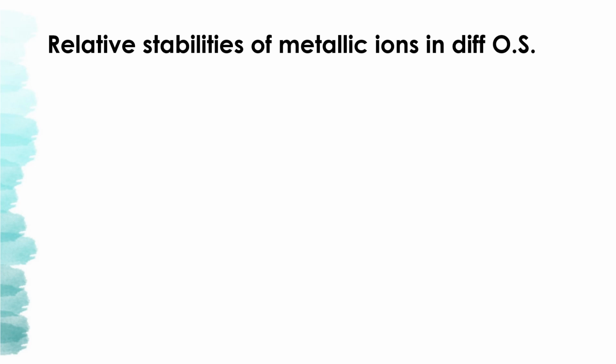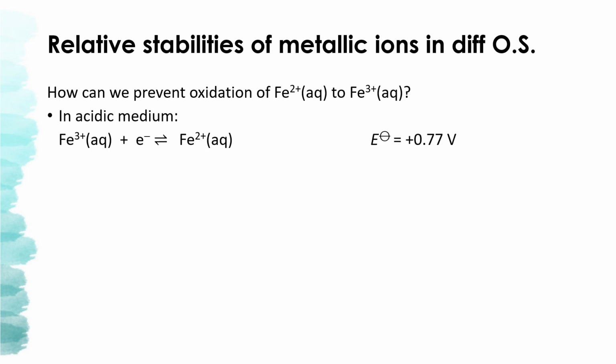We can also make use of the E values to help us prepare ions in water and ensure their stability. What do I mean by that? We have Fe3+ reducing to form Fe2+. If you look at this value here, +0.77 means the reduction is favorable because it's positive.